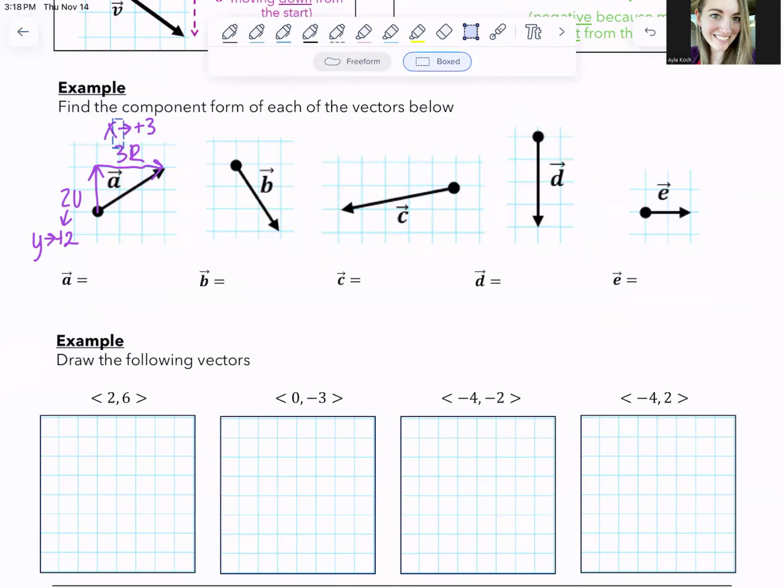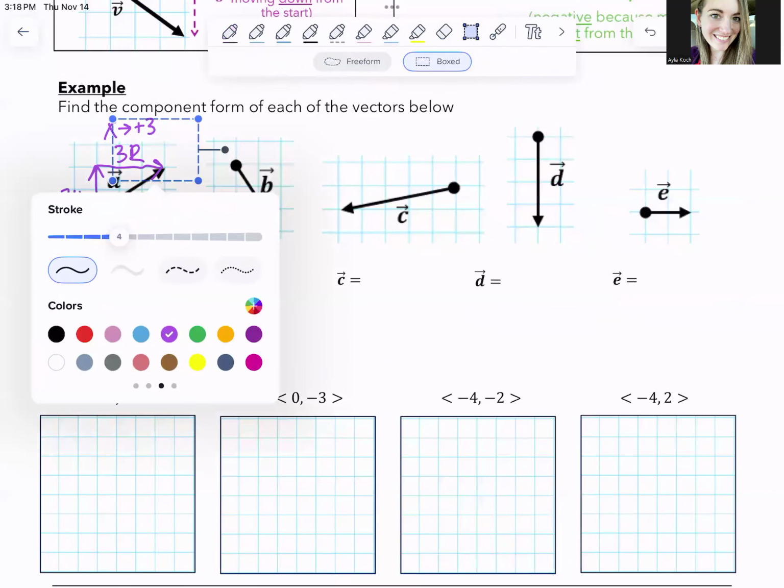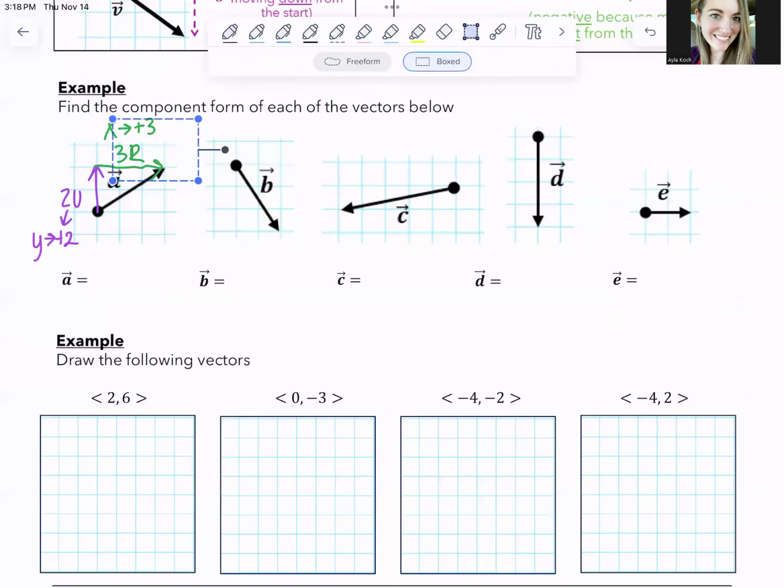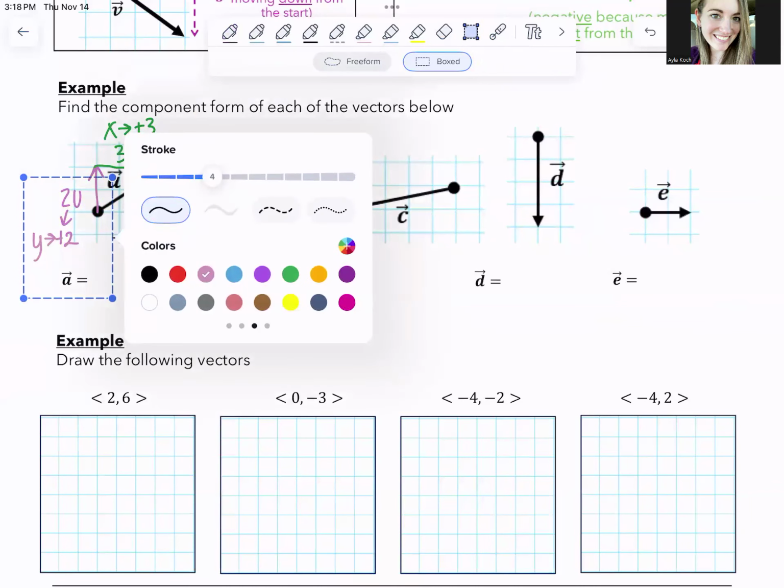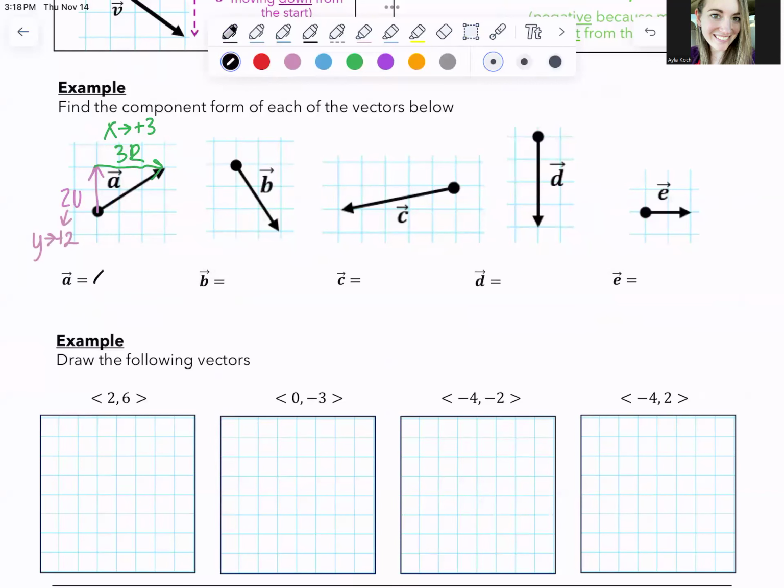Maybe I should have color coded this. This is green, this is pink. This vector is <3, 2>.